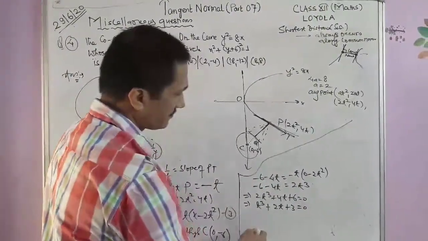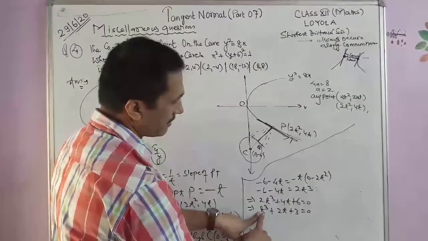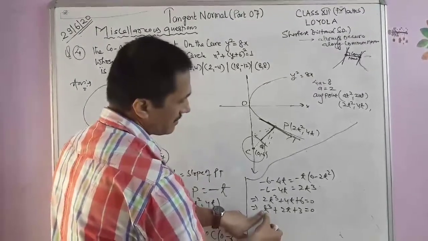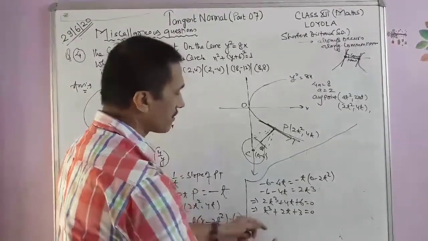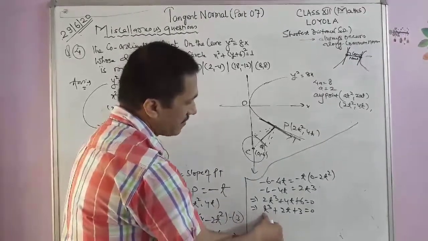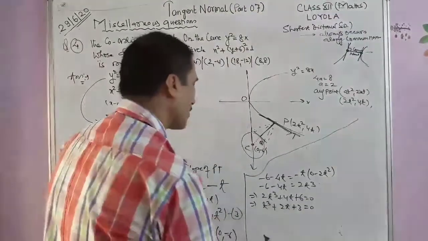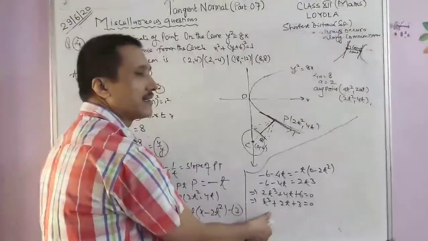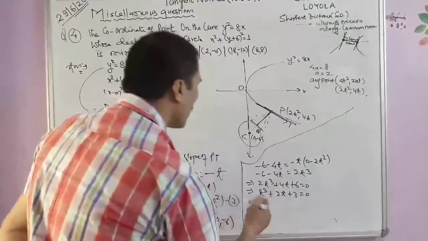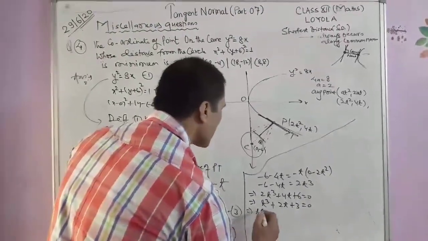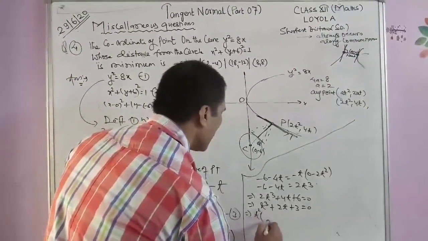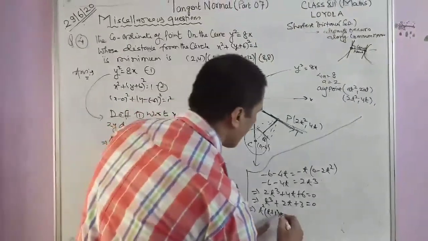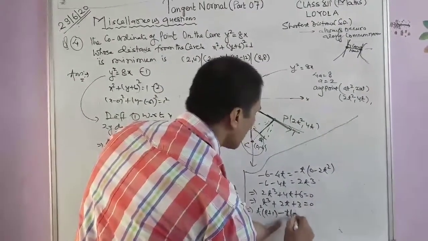Here we have a cubic equation in variable t. By inspection, clearly t equal to minus 1: for t equal to minus 1, minus 1 minus 2 plus 3 equal to 0. So t equal to minus 1 satisfies this equation. Hence t plus 1 will be a factor. So we construct t plus 1 in each term: t cube plus t square minus t square minus t plus 1.